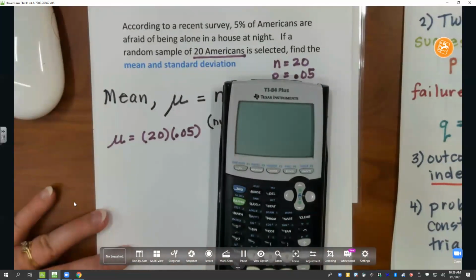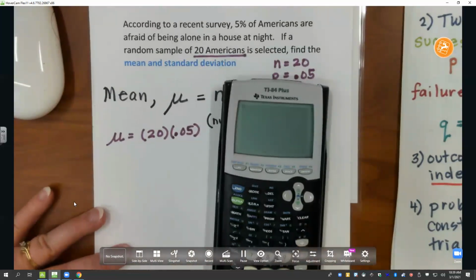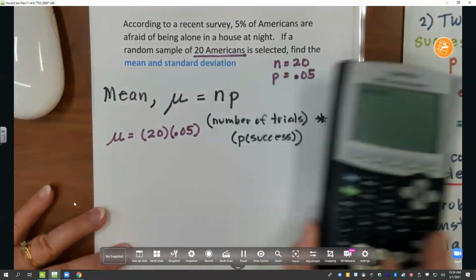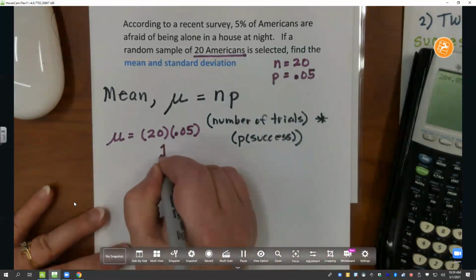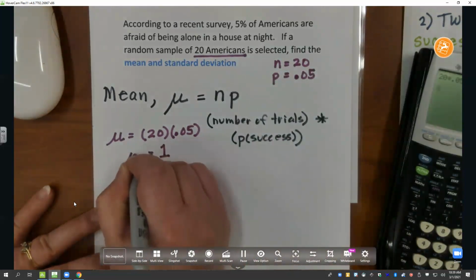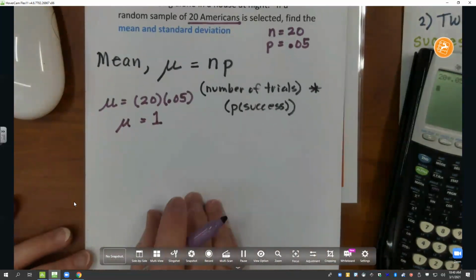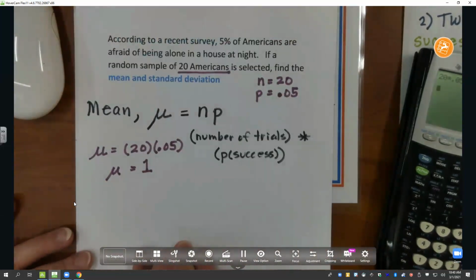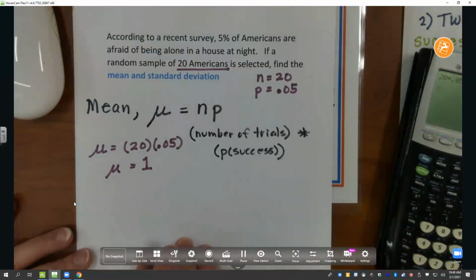And I'm going to get my calculator and do that. 20 times 0.05 is 1. So on average, 1 in 20 Americans are afraid to be home alone at night.